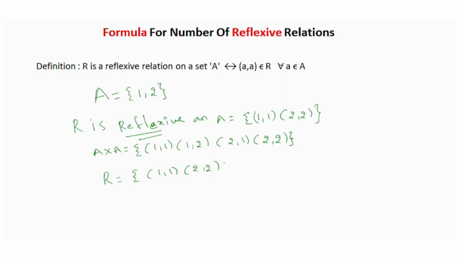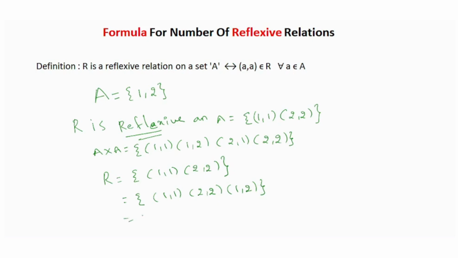Along with these, what other possibilities are there? If no other pair is there, we can accept it as a reflexive relation. Or else, along with (1, 1) and (2, 2), can we take (1, 2)? Yes, we can. This is also a reflexive relation on A.